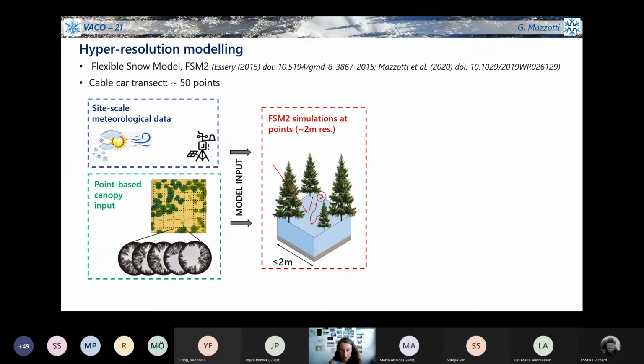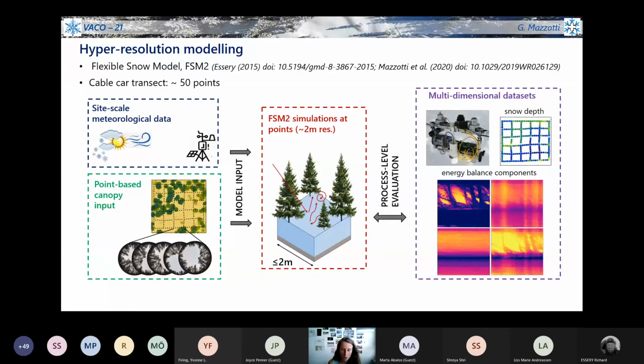To quantify the canopy impacts on all these processes, the model needs to be given some parameters that describe the canopy. So our goal was to run point simulations along, for instance, every cable car transect, so that we could directly compare model output to our multidimensional data sets.